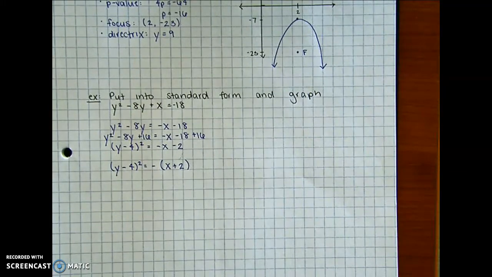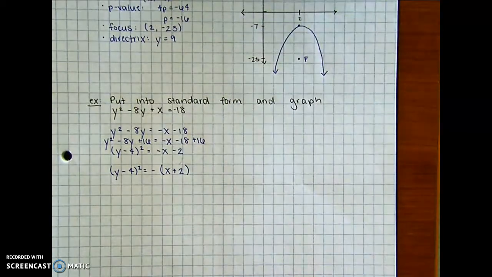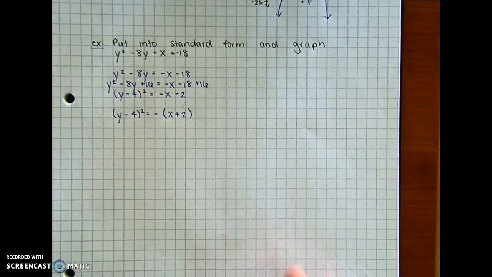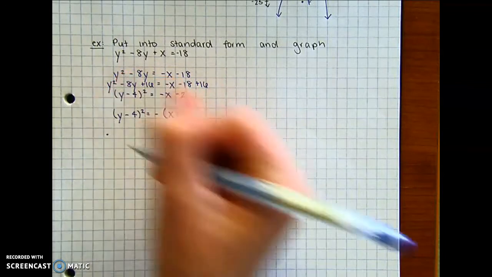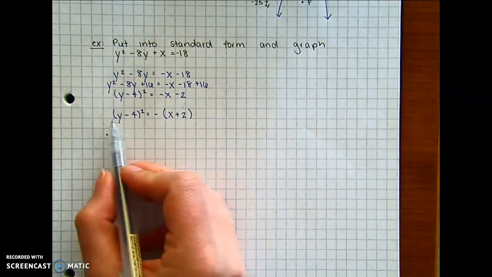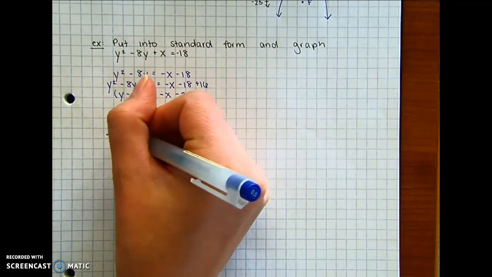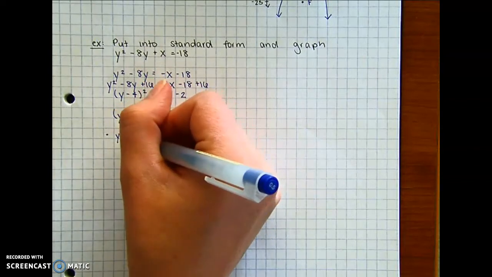So now we're going to graph, and we need to go through the list like we did above. I would encourage you to pause the video and try to do this on your own. I'm going to start with looking at my p-value and if it's x squared or y squared. So we're y squared, so that immediately means we're facing left or right.